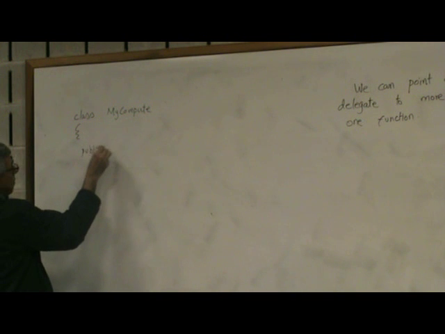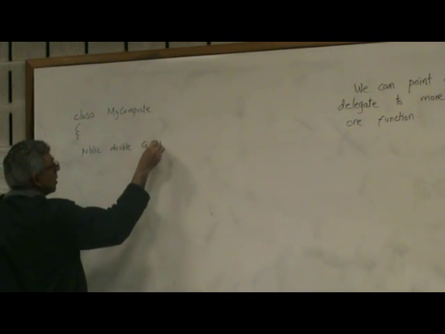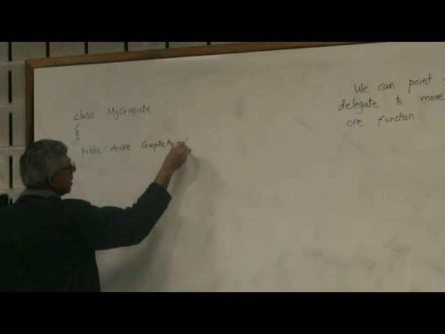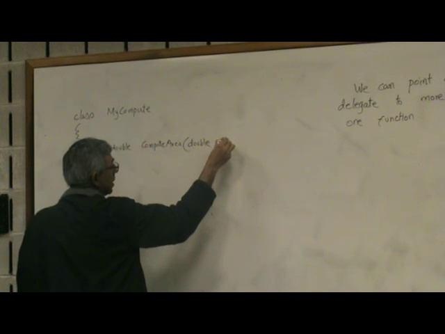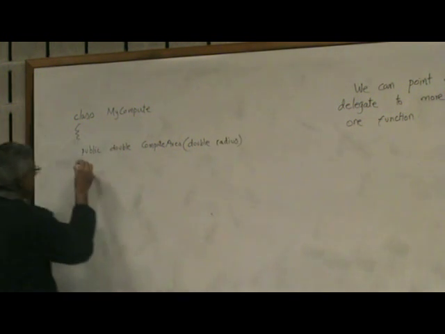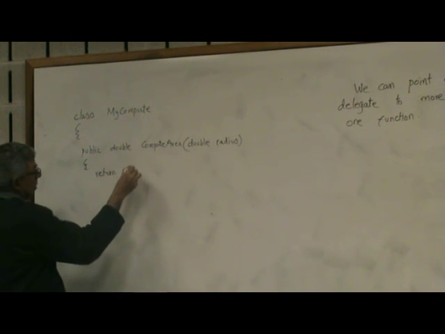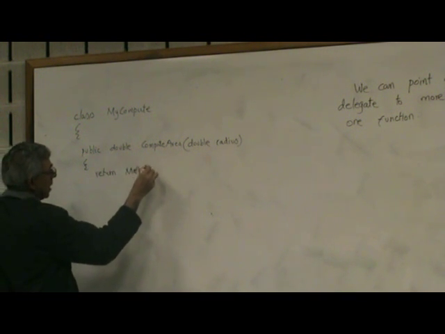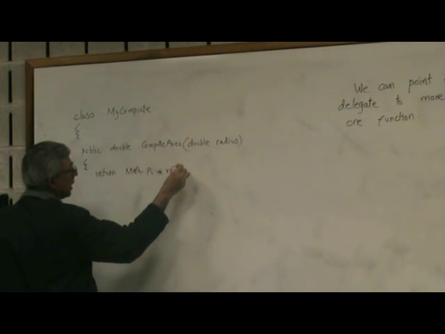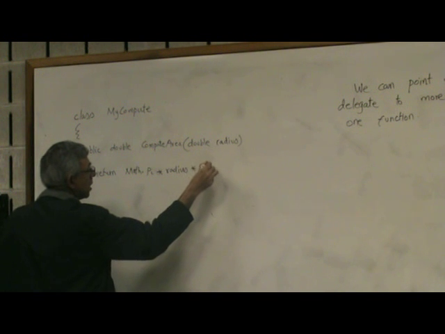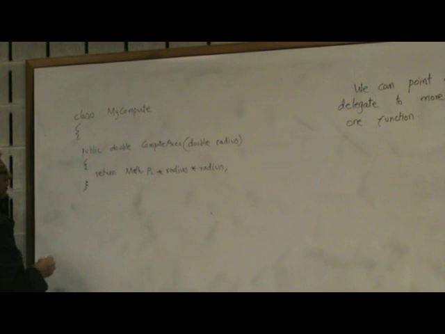Suppose I put public double ComputeArea, double radius, and return Math.PI times radius. Okay, so that's one of the functions over here.